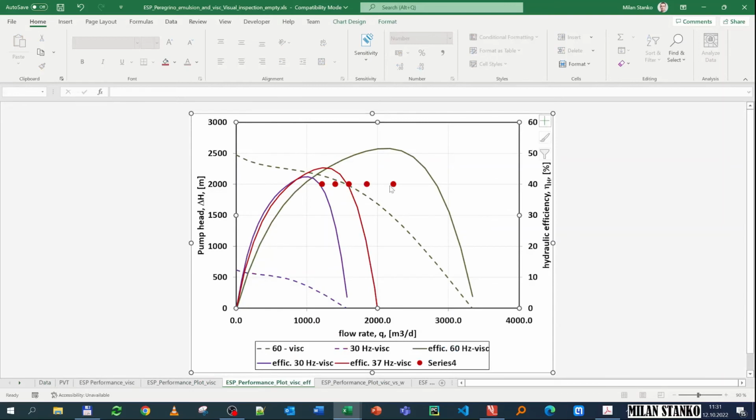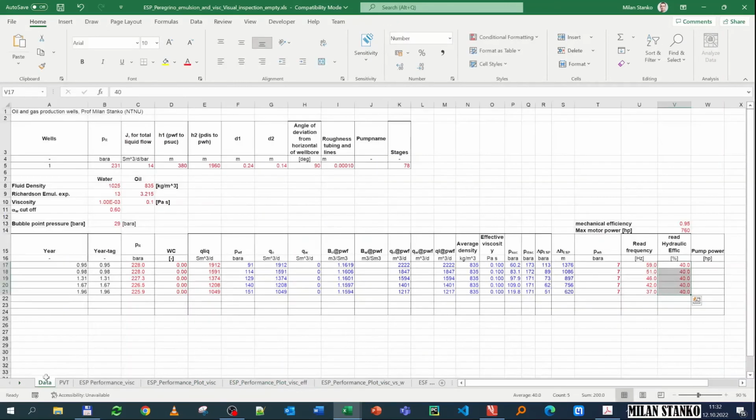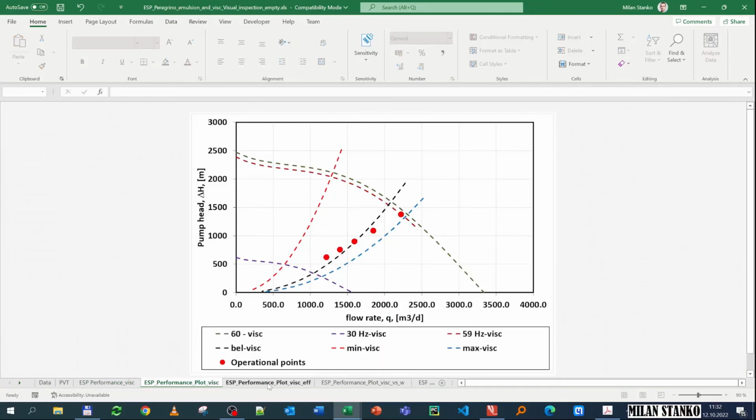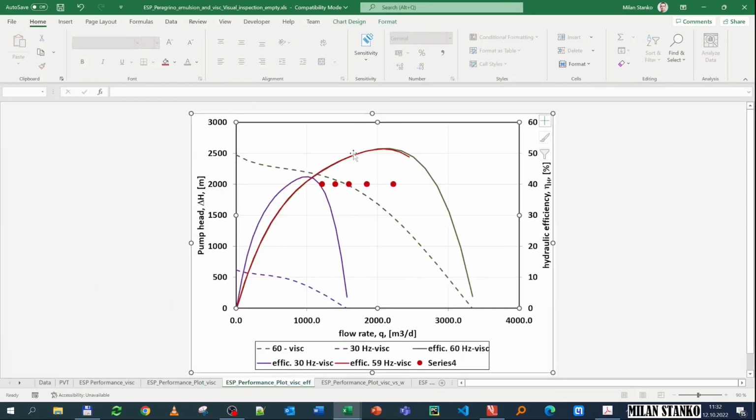Okay, you see here he has for year the first time, second time, third time, fourth time. So now we have the frequencies for each one of the years. Okay, 59, 51, and we have to make sure that the frequency matches, so let's try for example for the first year, we want to see 59. You see the curve for 59 should be like that, very close to the curve for 60.